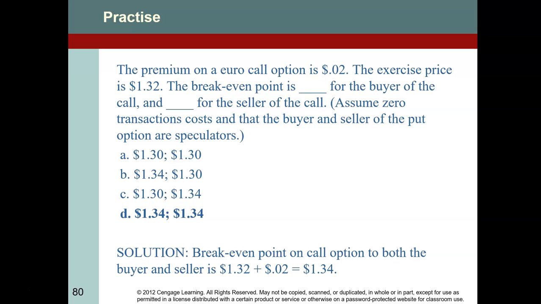Okay, so for this question, we should choose option D. For both the buyer and seller, the break-even point should be 1.34. Let me explain both cases. For the buyer, the case is relatively simpler.